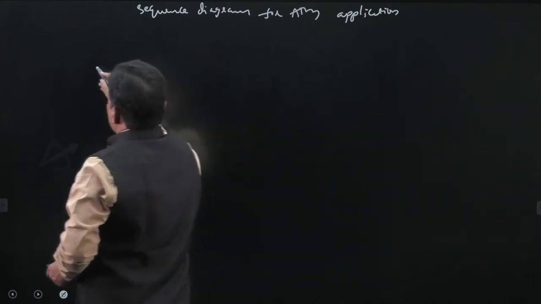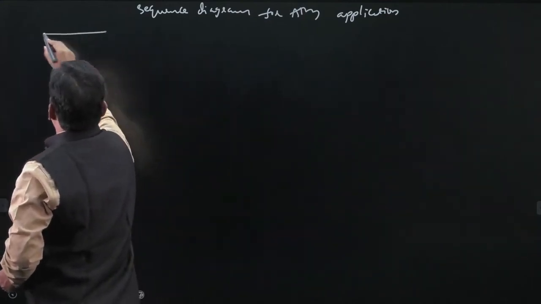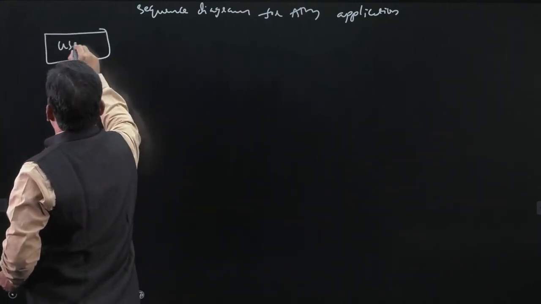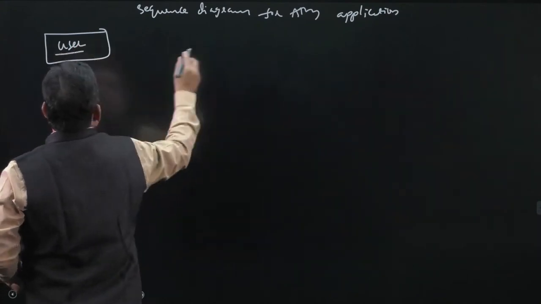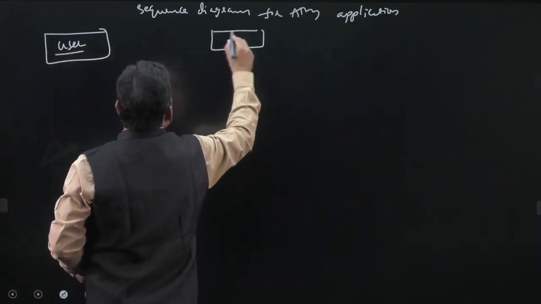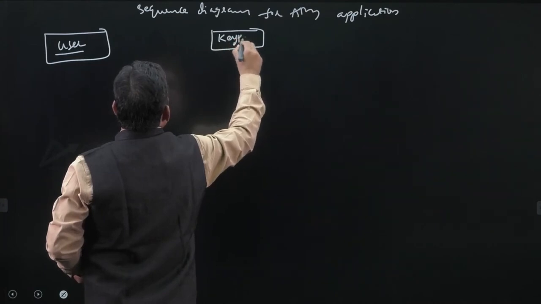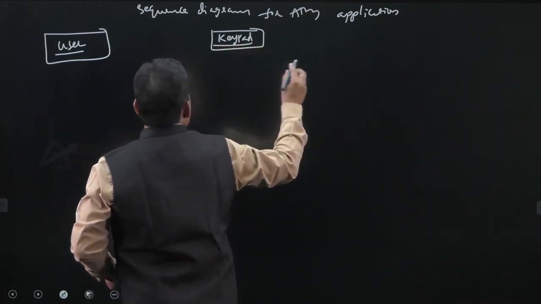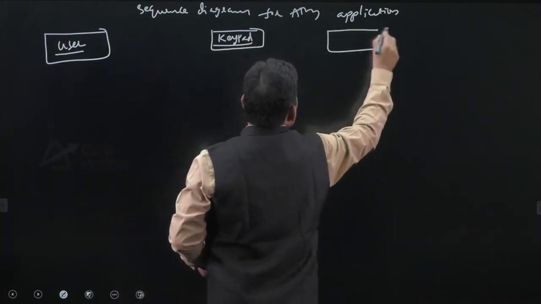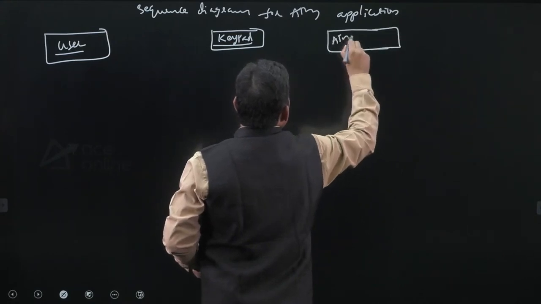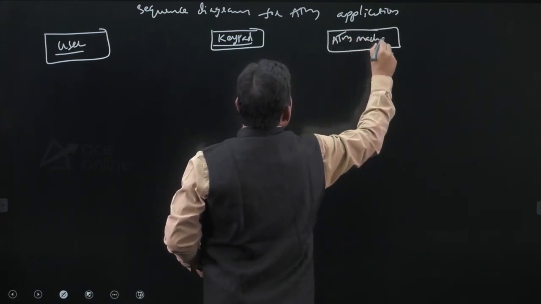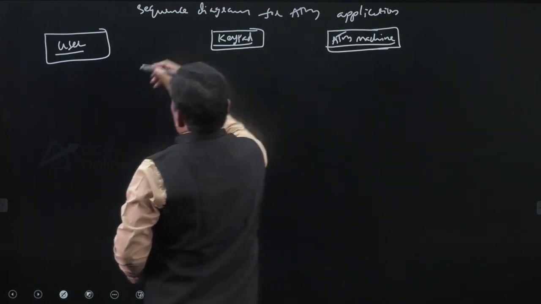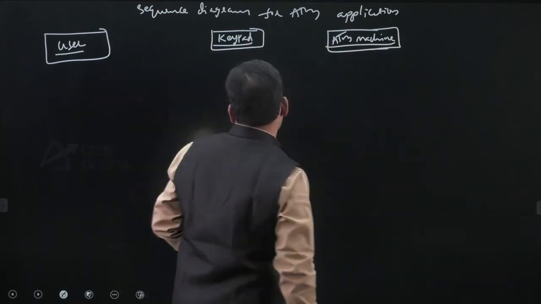Any sequence diagram consists of a collection of objects. What are those objects? User is one object, keypad is one more object, and ATM machine is one more object. So user, keypad, ATM machine.